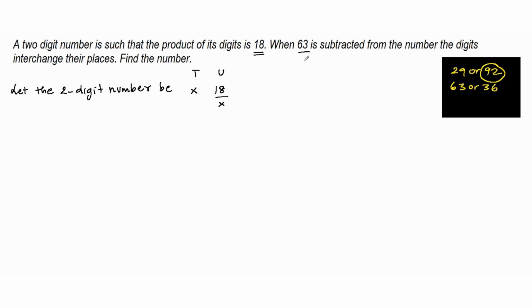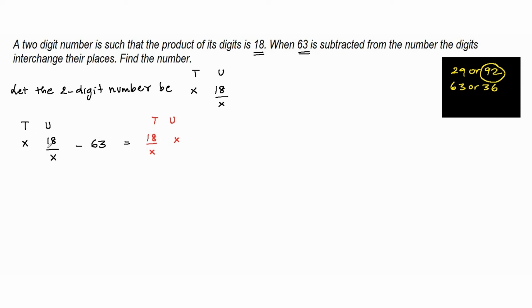Now when 63 is subtracted from the number, so I have x and 18 upon x. 63 is subtracted from this number, then the digits interchange their places. That is, the tens digit becomes 18 upon x and the units digit becomes x, right? The digits have interchanged their places.